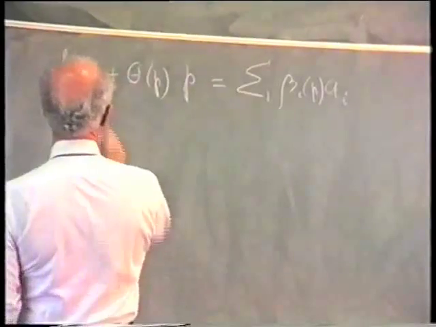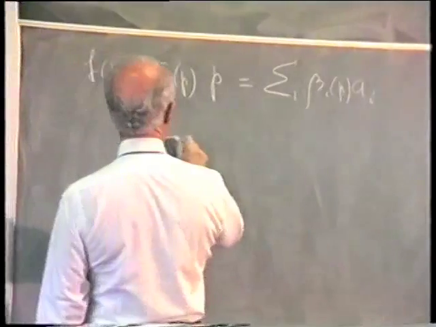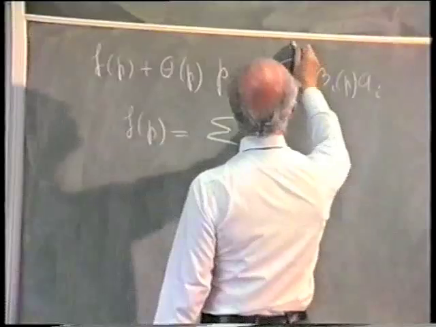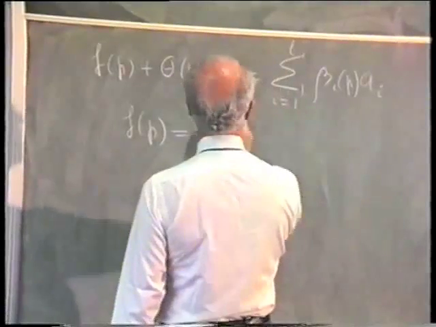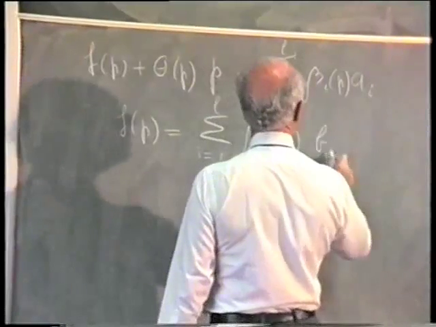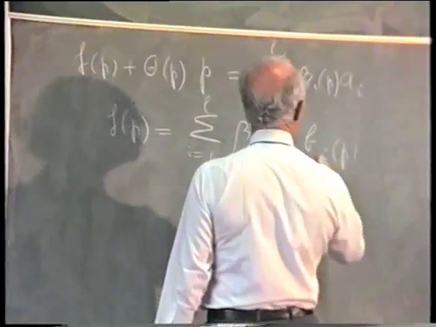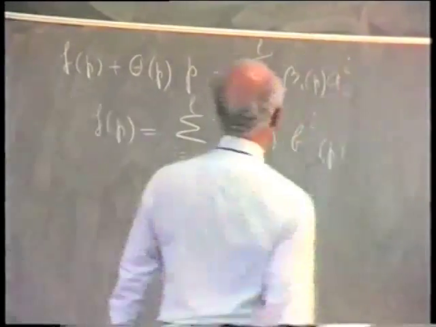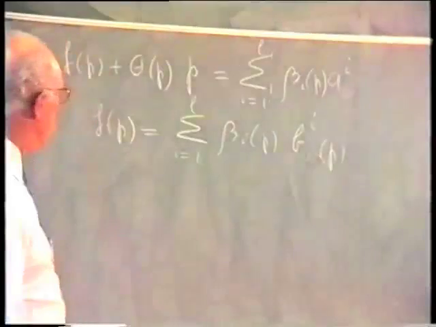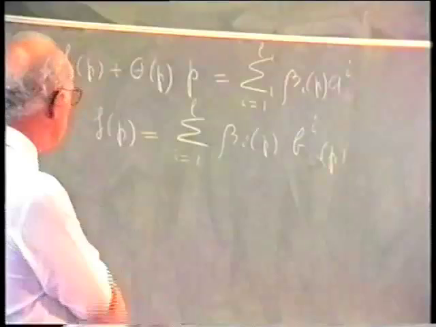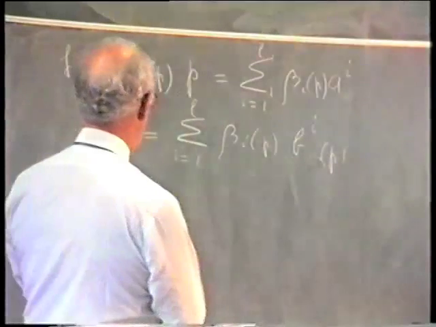F of P is in the hyperplane, it is not disturbed, and you find that this is, when i varies from 1 to L, beta i of P times b^i of P. Sorry, I have used a subscript. So that is the kind of mistake that you are supposed to catch me about when I replace a superscript by a subscript. So there you are.